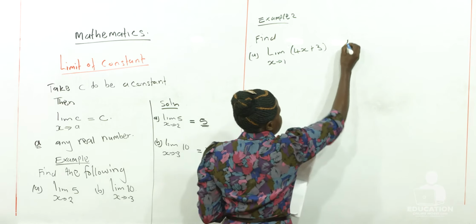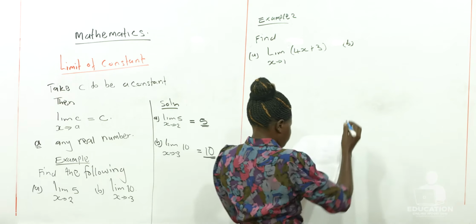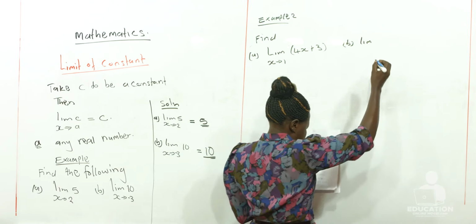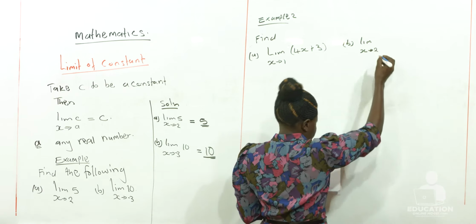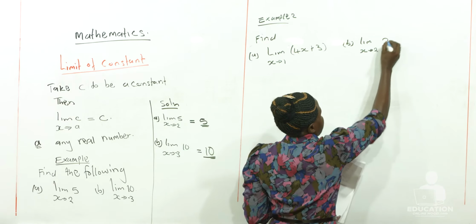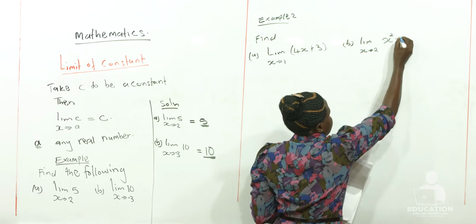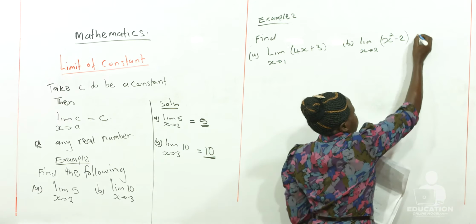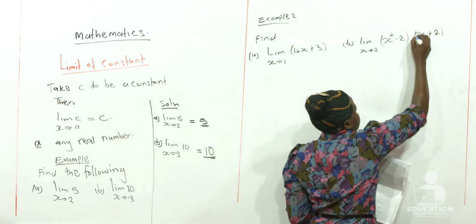B: lim as x is approaching 2 of the quantity x squared minus 2, times x plus 2.